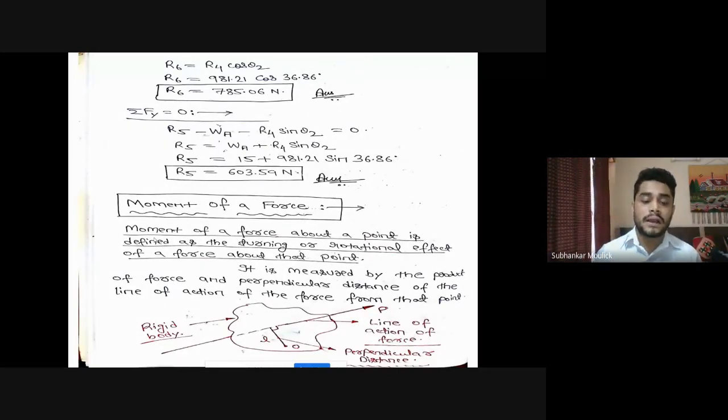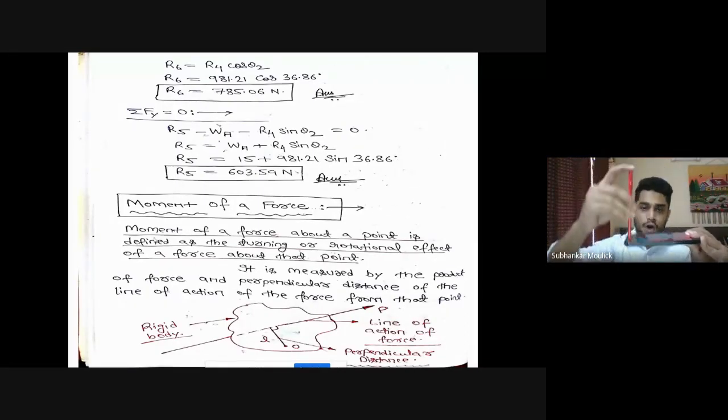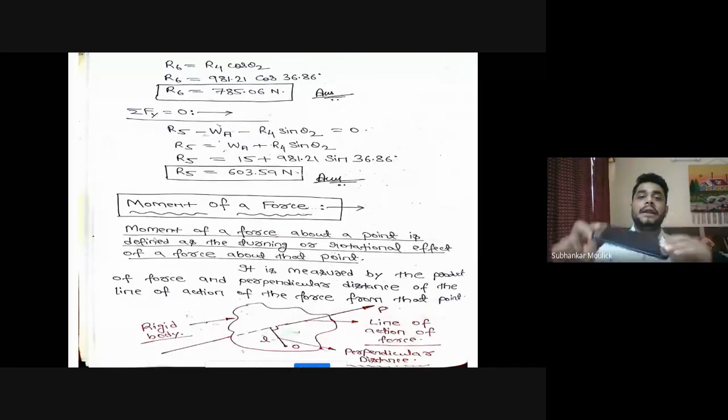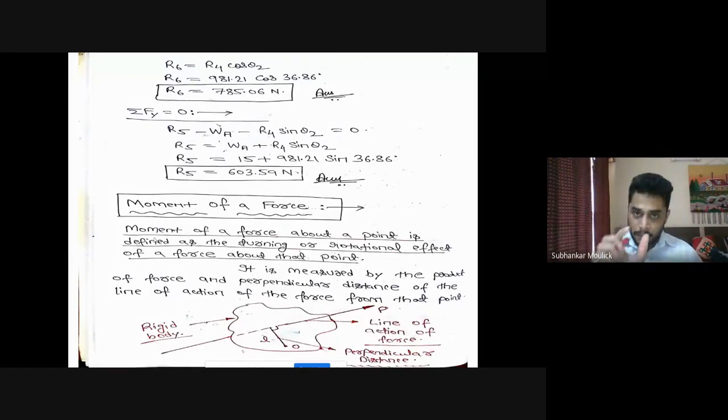So if you take the product of this transverse force and the perpendicular distance from the point of application of the force till the point where you want to calculate the moment, that is the point about which my body can rotate, that product will give you a moment, and moment produces a turning effect or rotational effect on any body.